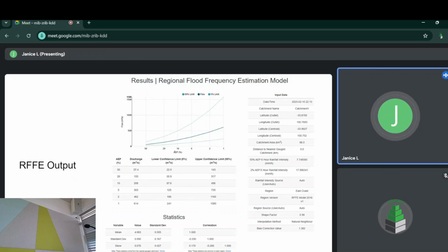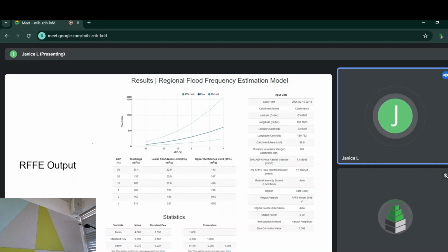Here, 50% AEP for a 6-hour storm: this is the intensity you can expect, 7.7 millimeters per hour. If it's 2% AEP, so a more severe storm, even for 6 hours, you're still going to get a lot worse storm, at 17.56 millimeters per hour. Yep, I've got a few more things.